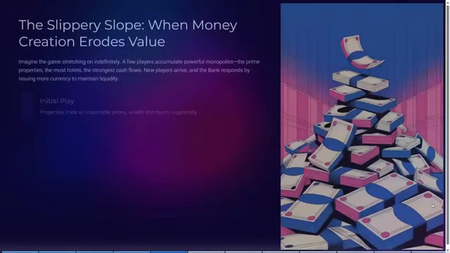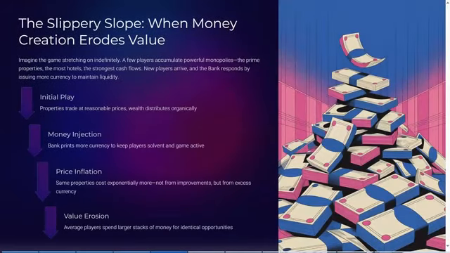This is a really slippery slope that can erode. So imagine this game stretching indefinitely. Players actually rotate out throughout lifetimes. A few players in that first iteration start to accumulate powerful monopolies. I mean, it's literally the game of Monopoly.